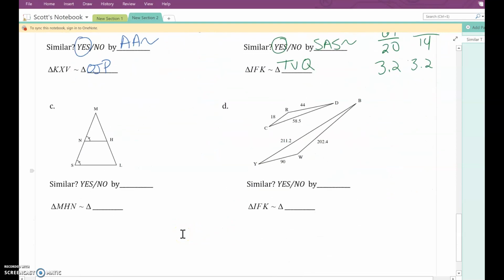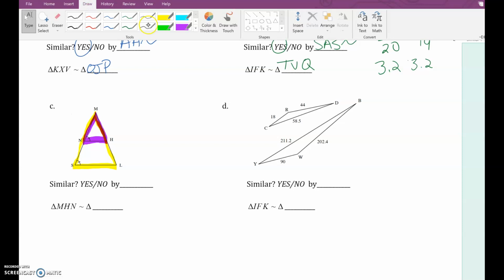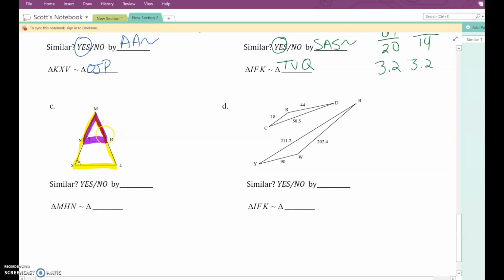This next one. Okay, now what I want you to do is outline the two triangles that you see. Okay, so now I only have one set of angles that are equal. This MNH and MSL are equal. I need to find another set. So what I see here is that these triangles overlap and both use the angle M. Okay, I don't know any side lengths.